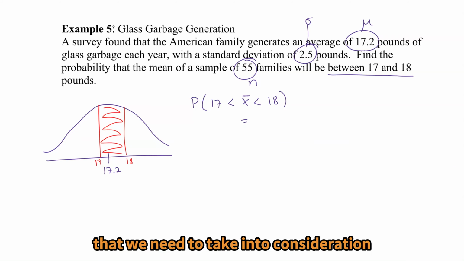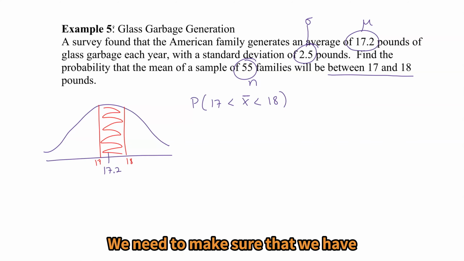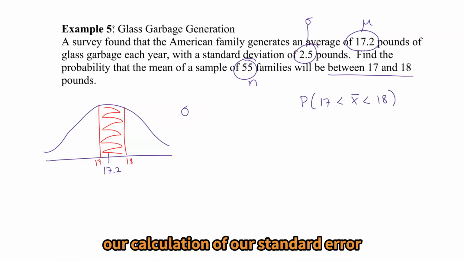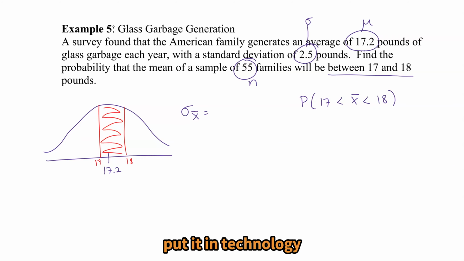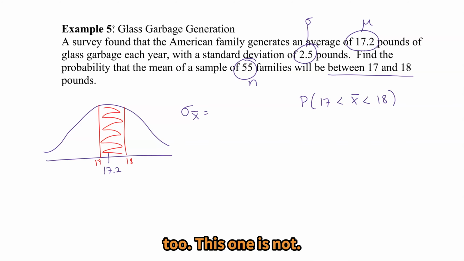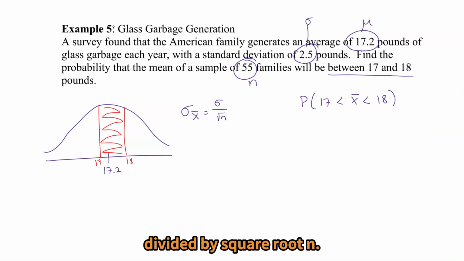And the other thing that we need to take into consideration is our standard error. We need to make sure that we have our calculation of our standard error somewhere where we can either put it in technology and have technology calculate it, or if it's easily calculated by hand, we could do that too. This one is not. So standard error is standard deviation divided by square root n.